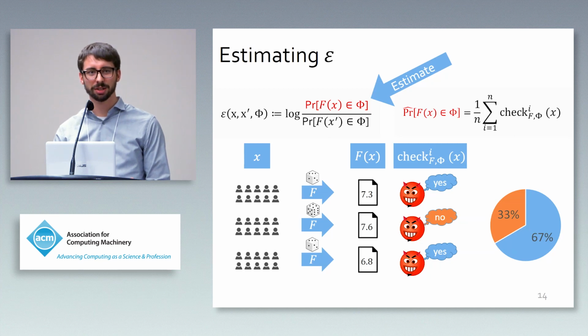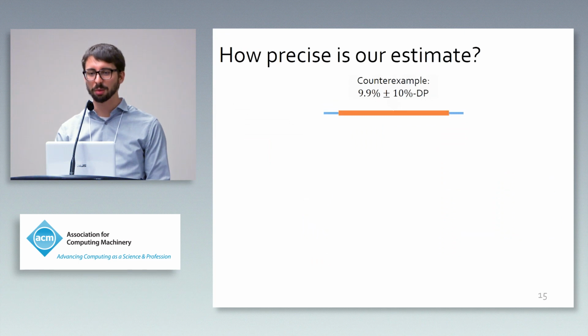Now, a crucial question when we are doing this kind of estimation is how precise is our estimate? Here I'm showing you a concrete example where we think we have found a counterexample to 9.9% differential privacy, but actually our estimate for this counterexample is very imprecise. It's like plus minus 10%, which essentially means that our estimate is not very useful.